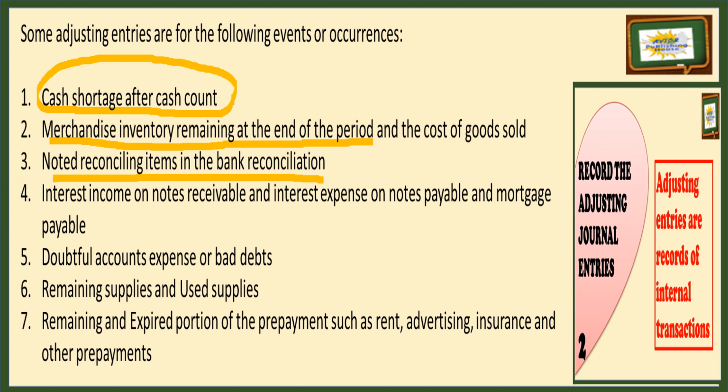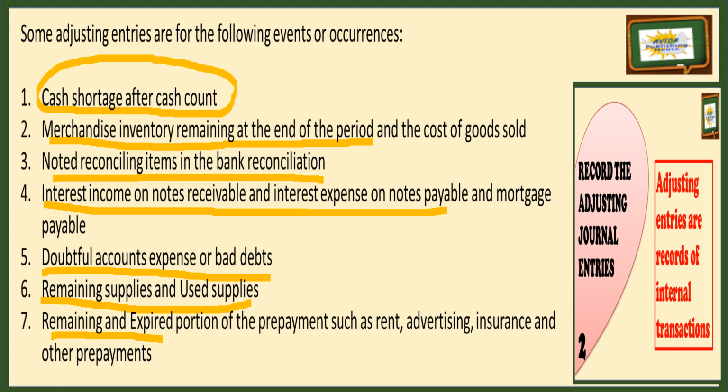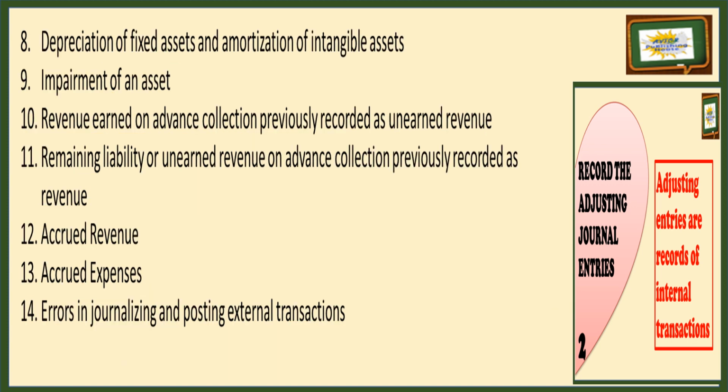Interest income on notes receivable and interest expense on notes payable. Doubtful accounts expense or bad debts. Remaining supplies and used supplies, remaining and expired portion of the prepayments such as rent, advertising, insurance, and other prepayments. Depreciation of fixed asset and amortization of intangible assets.